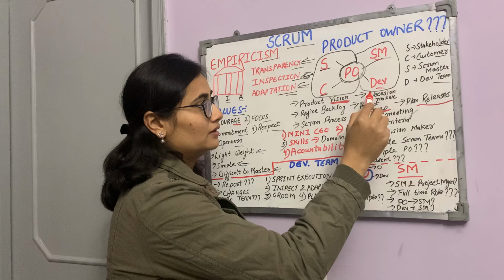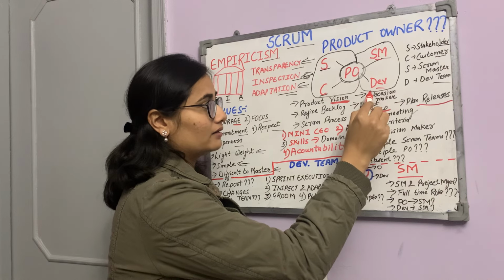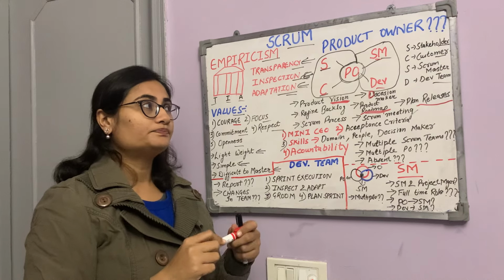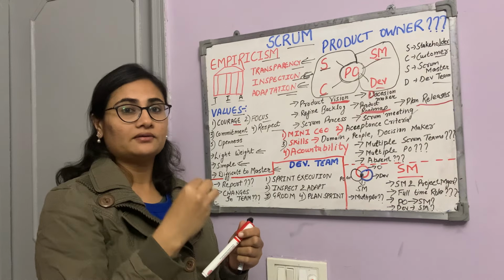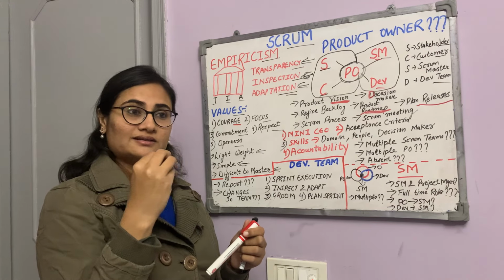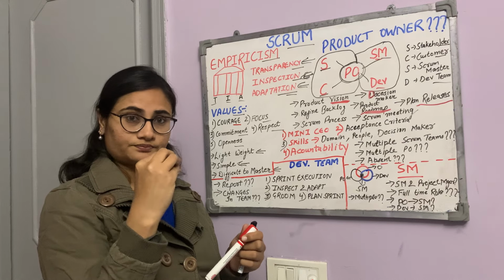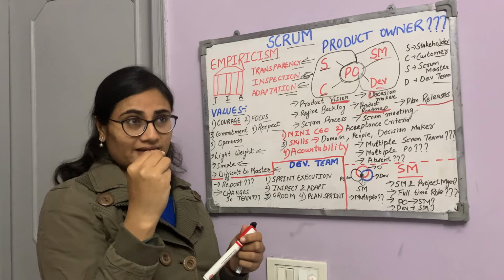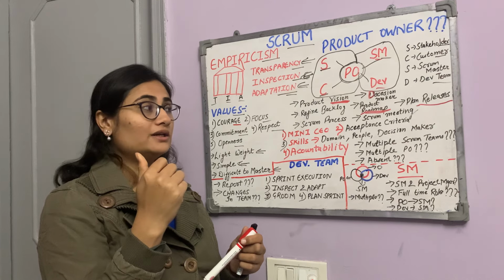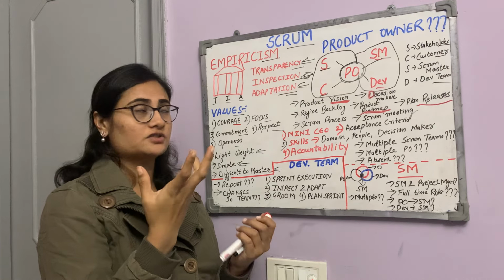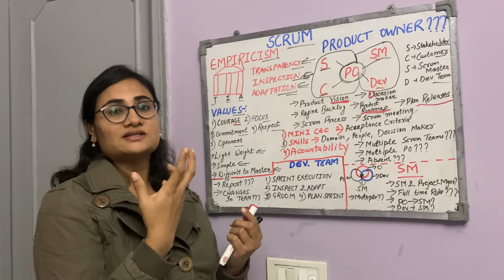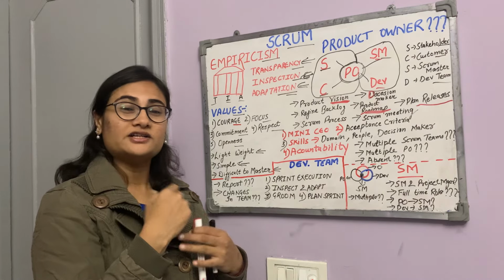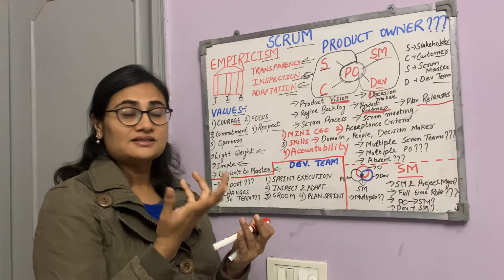Now he is the decision maker. So we know that product owner is at the center of your product roadmap, product vision. So that is why, by the virtue of his role, he is taking a lot of decisions. So a product owner needs to be a very, very good decision maker.